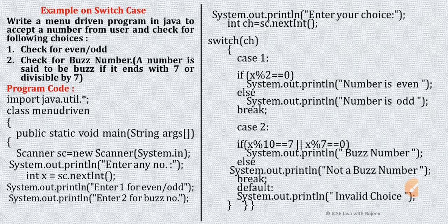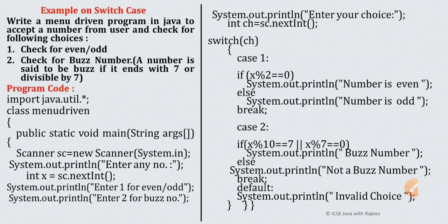So for example, I want to write a program to check two possibilities: whether my number is even or odd, and second, whether a number is a buzz number. A number is said to be buzz if it ends with 7 or is divisible by 7.